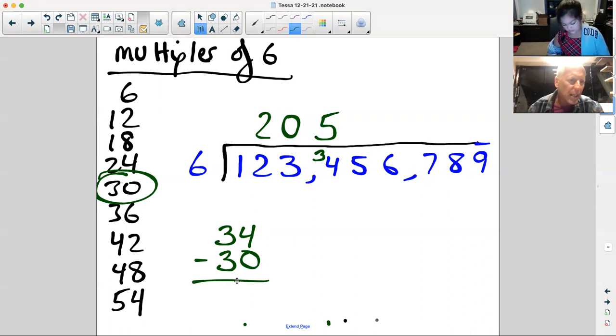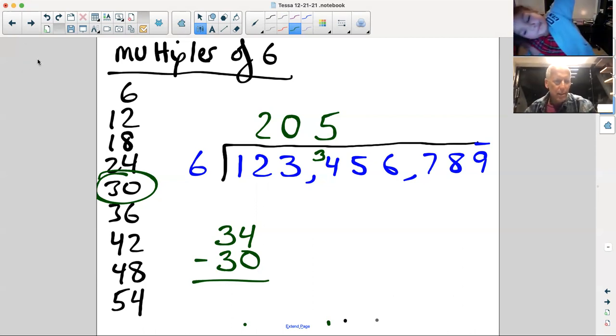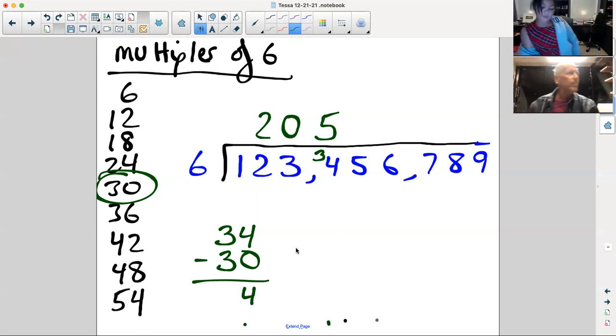I think you can do that, Tessa. Come on, you know what 34 is. You have a remainder of 4. Look up. What do you do with that 4? You put it on top of the 5. Yay. Well, put it on the upper left-hand corner of the 5.